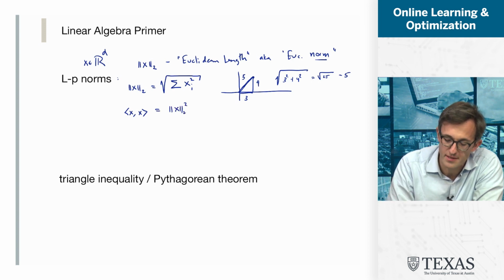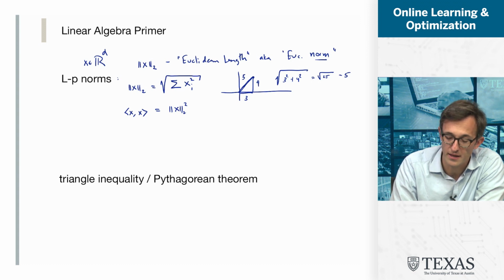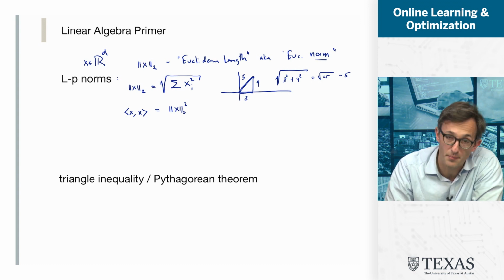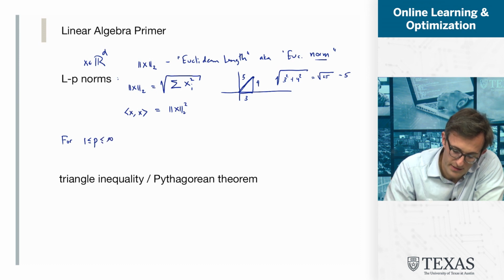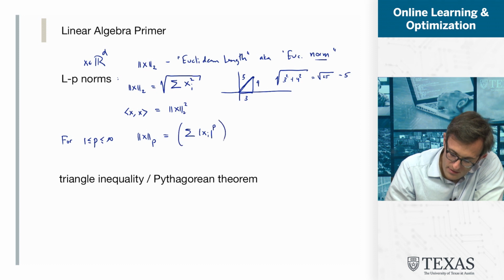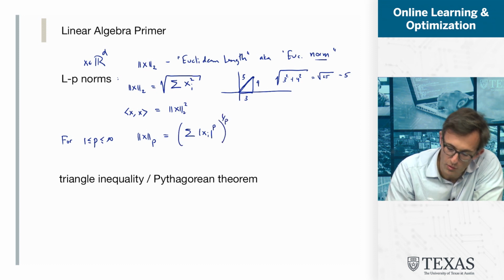So we can generalize this definition from what's called the L2 norm to the Lp norm. For p greater than or equal to 1 and less than infinity, the p-norm of x is equal to the sum of the absolute values of x_i raised to the p, to the power 1 over p.